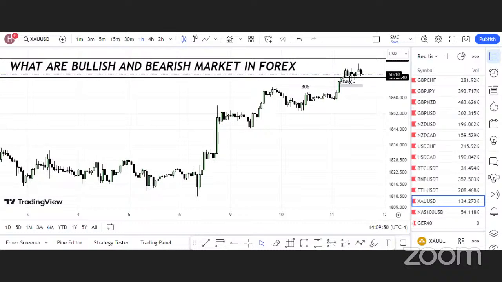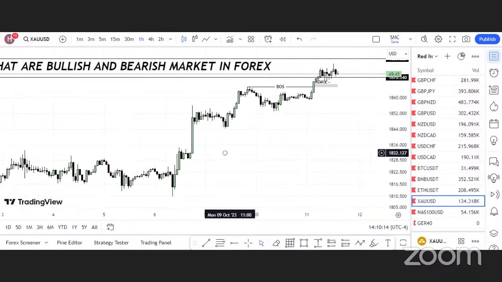Then bear, which is also bearish, is when the market is coming down. All right, so I hope you guys get the scope. Yeah, so this is a bullish market.